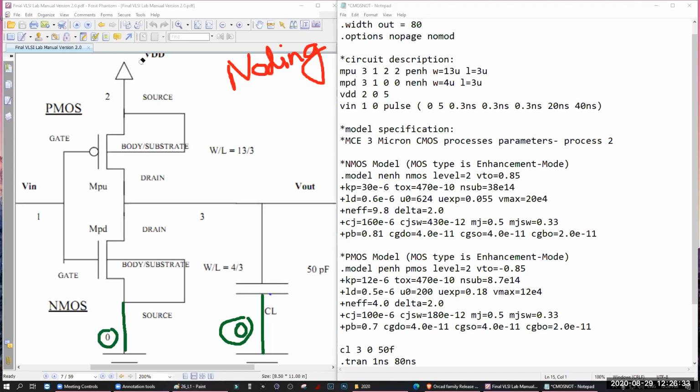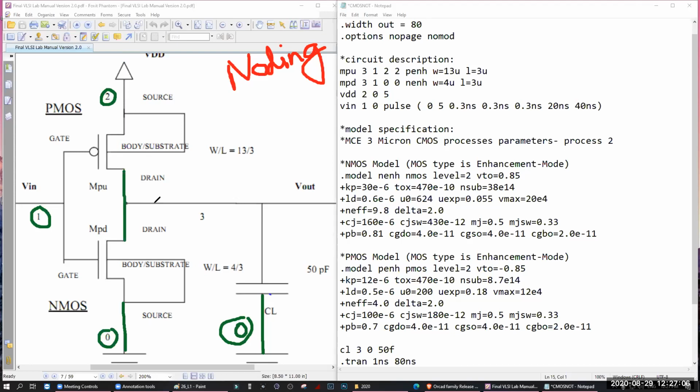Okay. Next, that is your V in. Do you have any more input here? No other input. Now go to the power, VDD. VDD is 2. VDD means a DC voltage. So the positive is connected to 2. What about the negative? Is ground, right? Grounded. So we know it, don't have to show it. Now what node are we left with? We are left with this node.